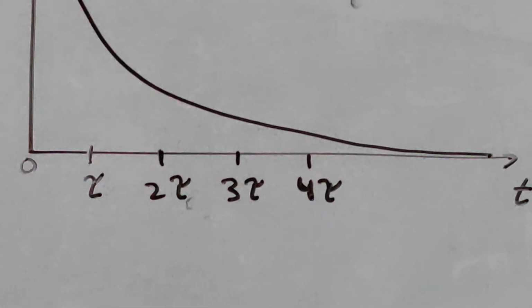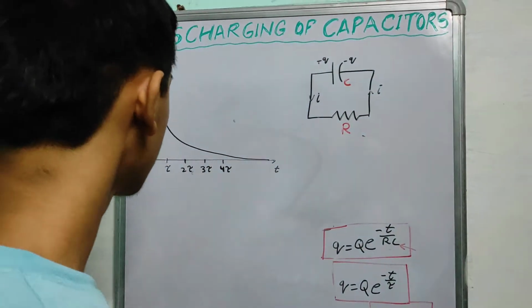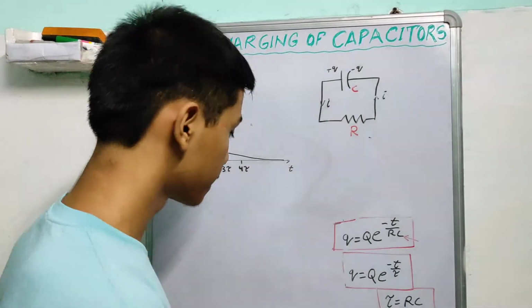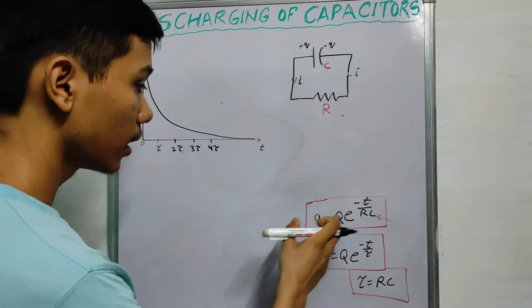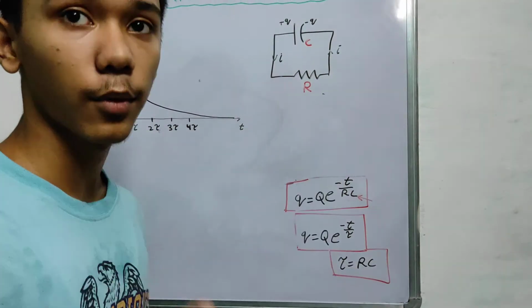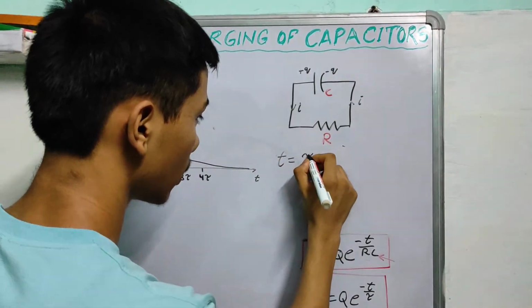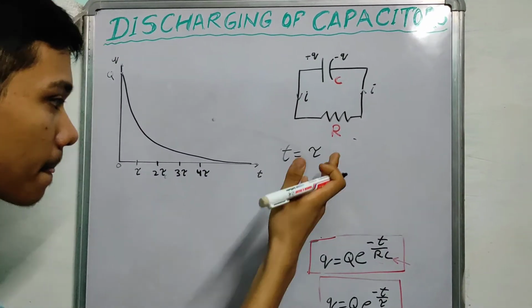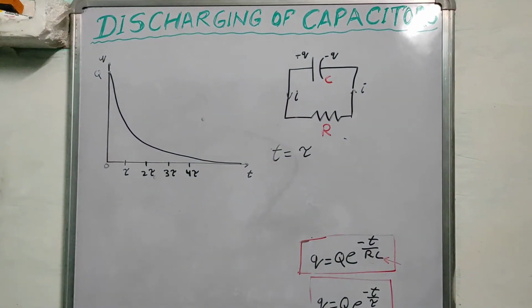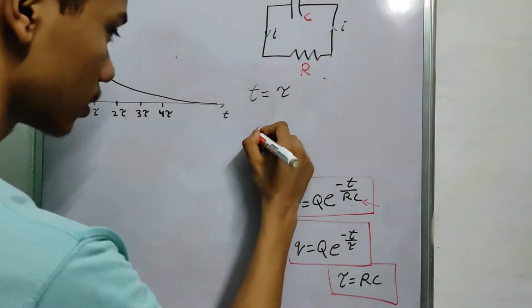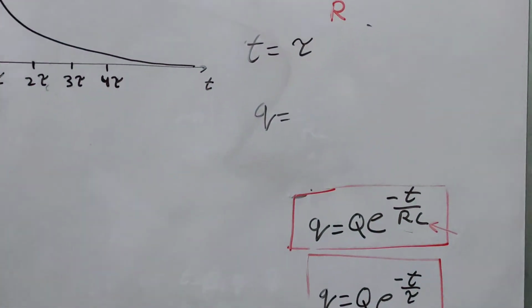A very frequently occurring case is, how much charge is left after a time equal to tau, after 1 time constant? We can easily show this, just like we showed in the previous video.